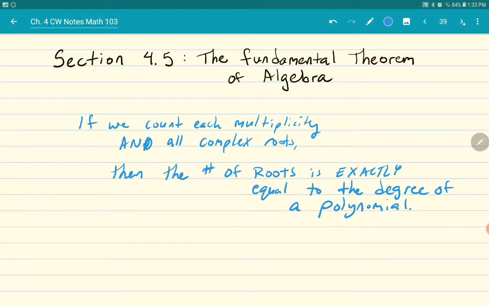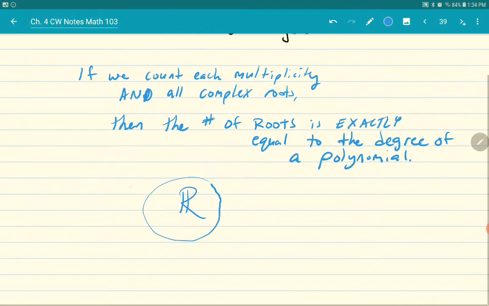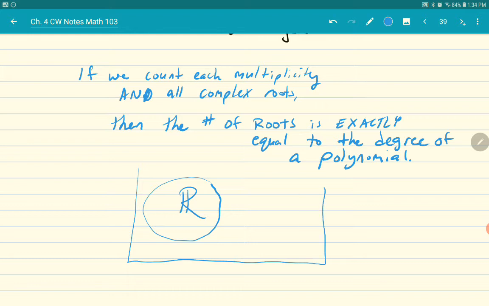So complex roots. So far we've talked about real roots, positive and negative real roots. So that's a set of numbers, the real numbers. And then that is actually a subset of the complex field. In the complex numbers, we also have everything with an i. So we learned about complex roots a little bit.